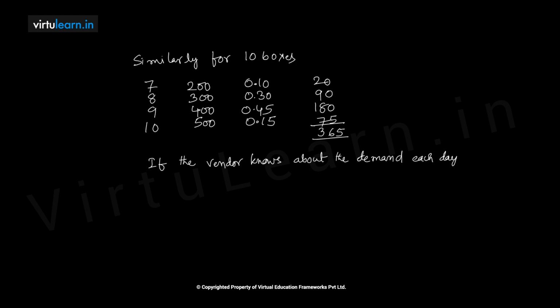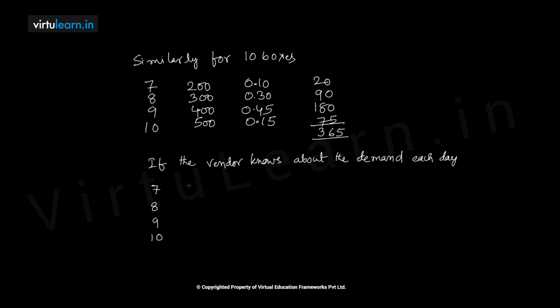What does this mean? He knows which day 7 boxes are sold, which day 8 boxes are sold, and which day 9 boxes are sold. Means the vendor knows which day he can sell 7 boxes, on which day he can sell 8 boxes, on which day 9 boxes, on which day 10 boxes.